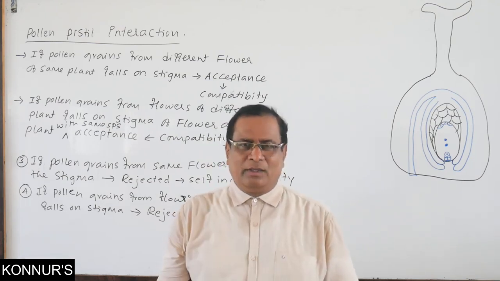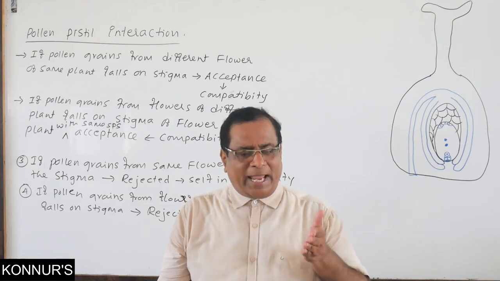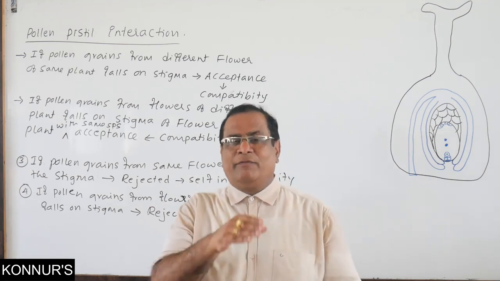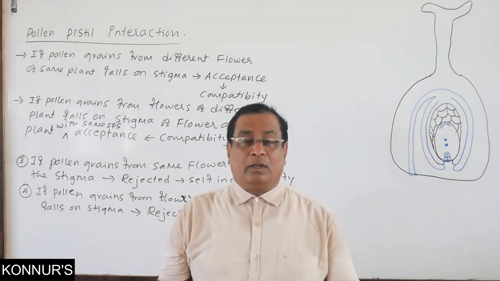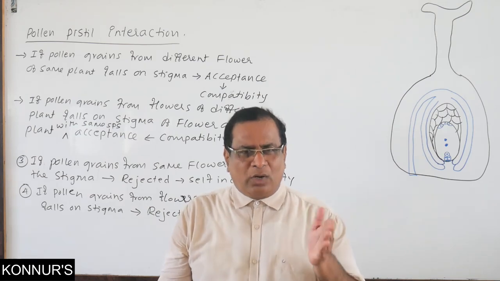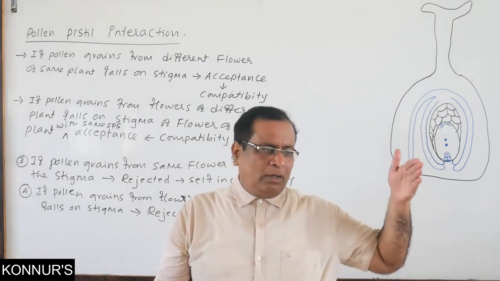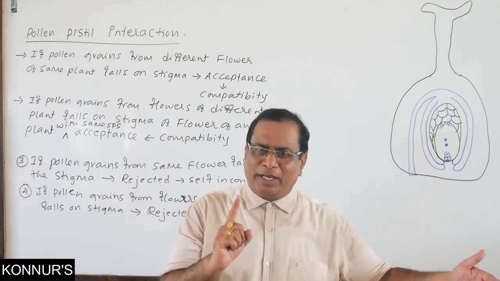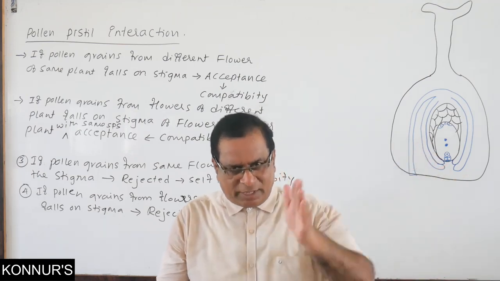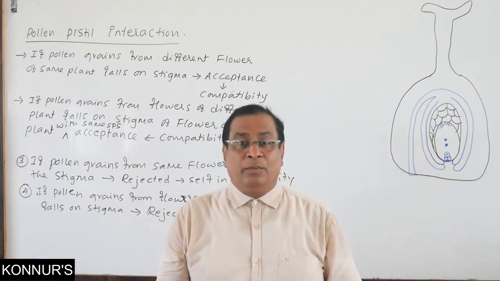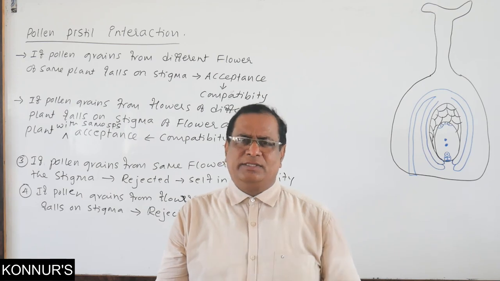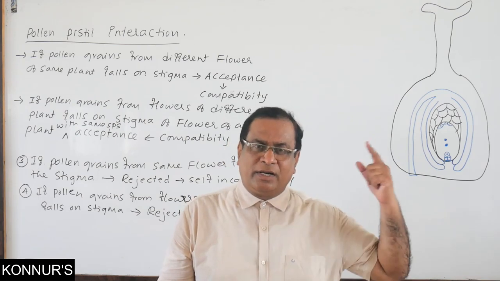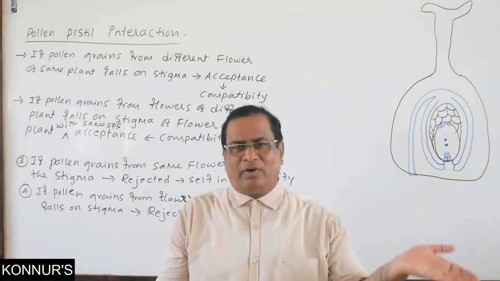Pollen grains of another flower of the same plant may fall on it. Even pollen grains from another flower of another plant belonging to the same species may fall on it. Even pollen grains from another plant belonging to a different species may fall on it.